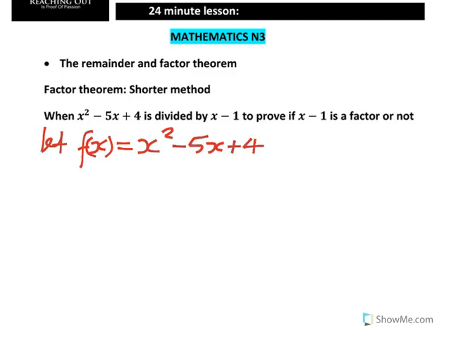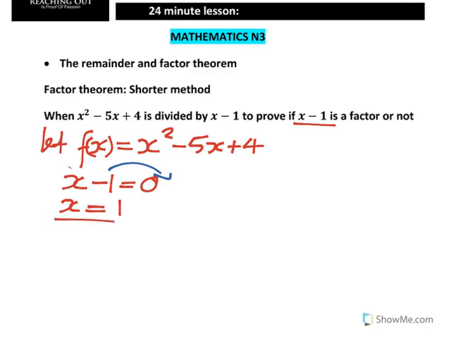Now, to prove that x minus 1 is a factor, before I go to f of x, what I need to do is take x minus 1 and equate it to 0. It jumps the sign. In other words, you solve for x, let it jump the sign. You're going to have x is equal to 1.